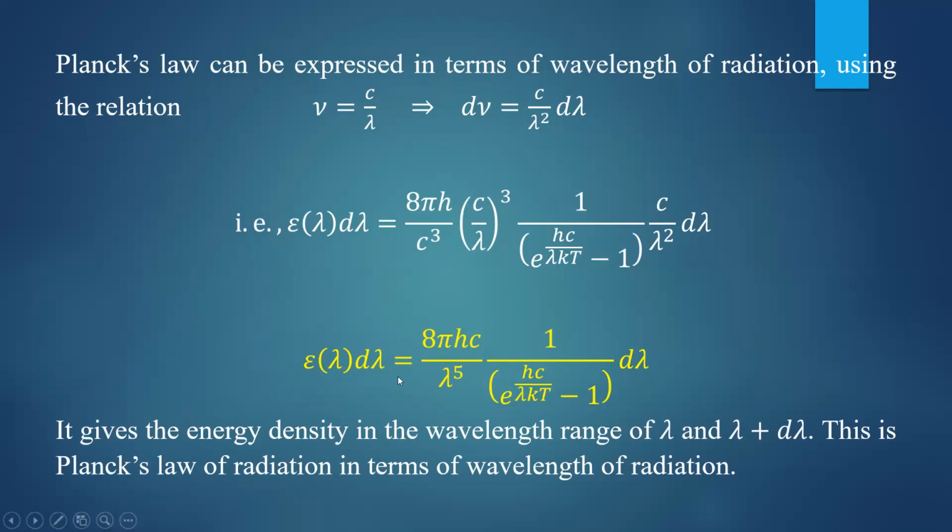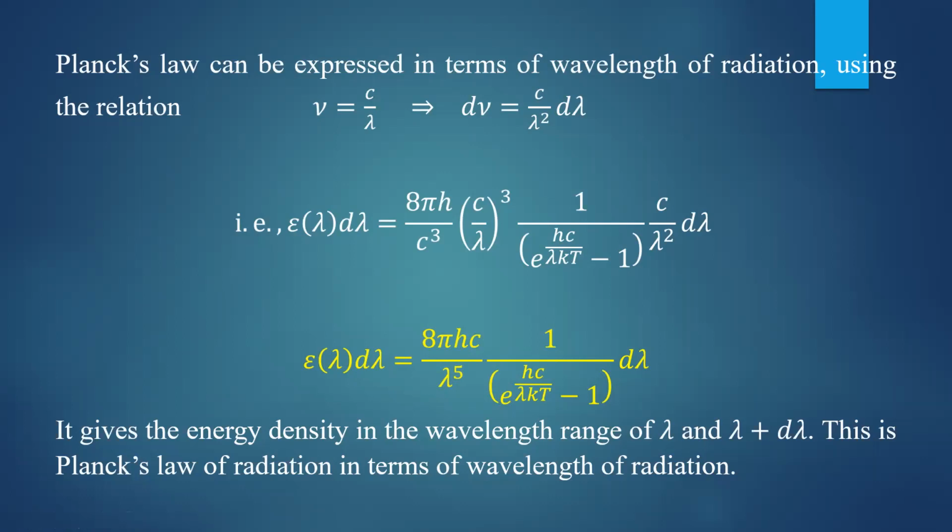For longer wavelengths this energy density is inversely proportional to lambda to the power 5. For shorter wavelength it exponentially decreases. Okay, so this is basically Planck's law of radiation in terms of the wavelength of radiation.